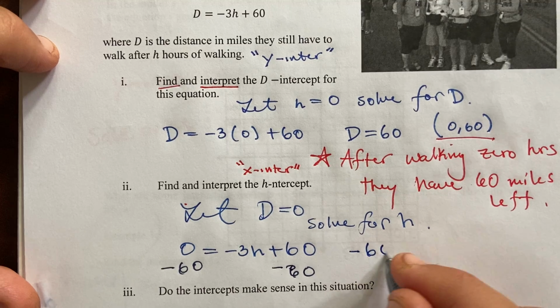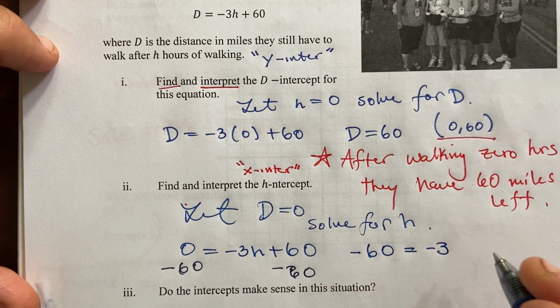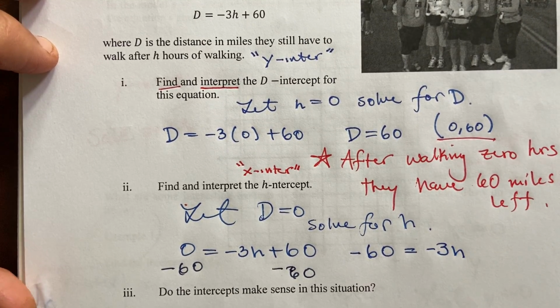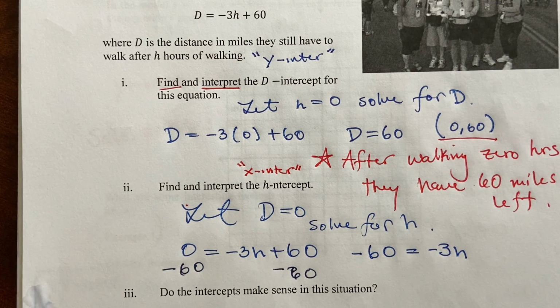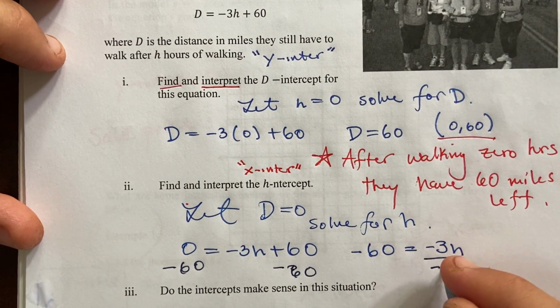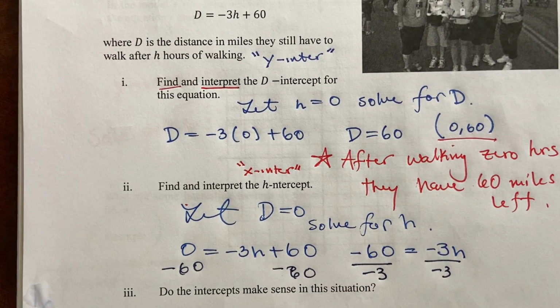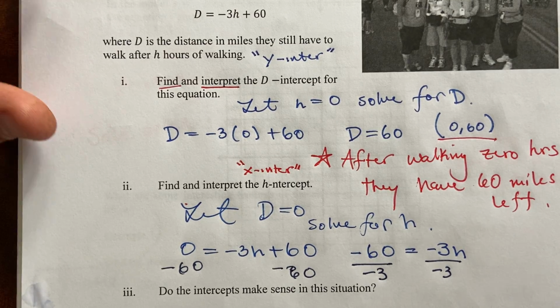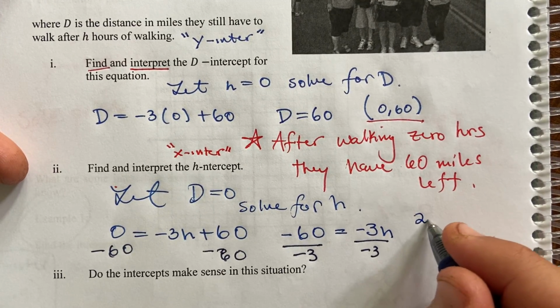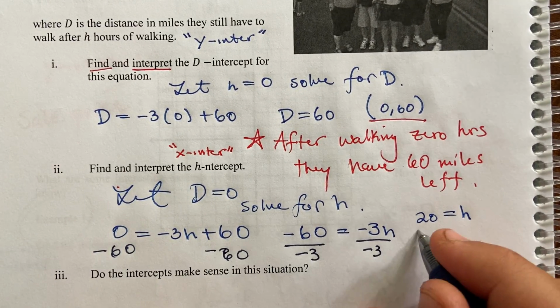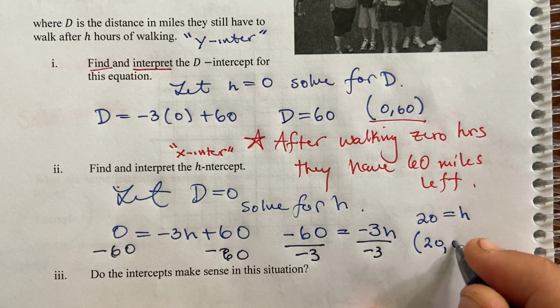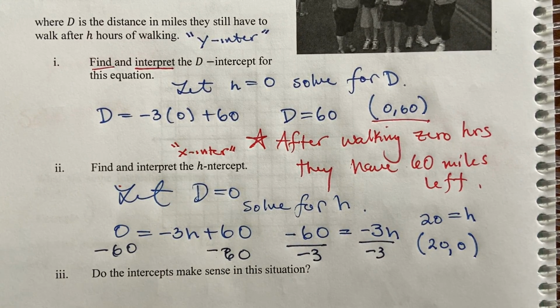So I get -60 equals -3h. Multiplication property says I can divide. -60 divided by -3, I'm getting 20 equals h. So I'm seeing an h-intercept of (20, 0).